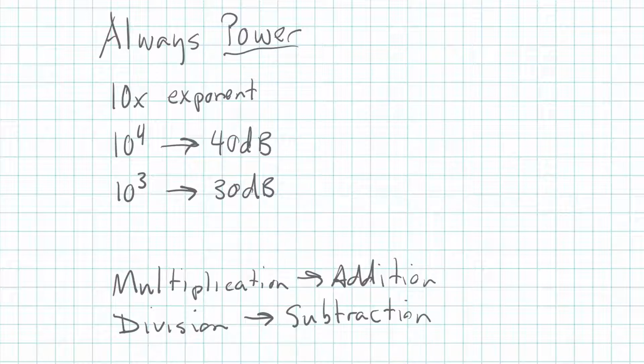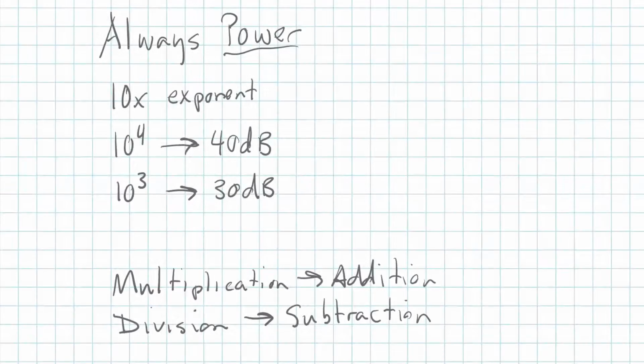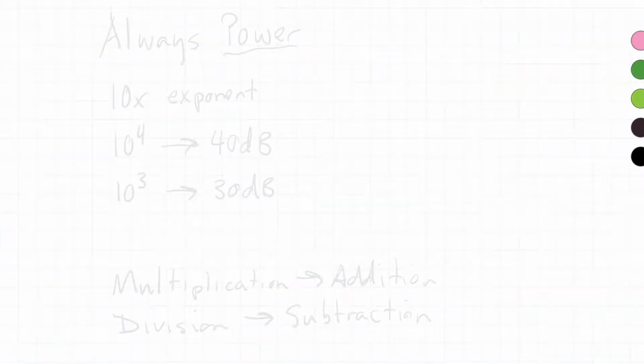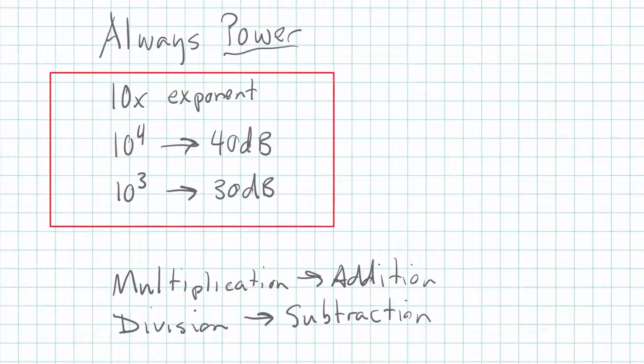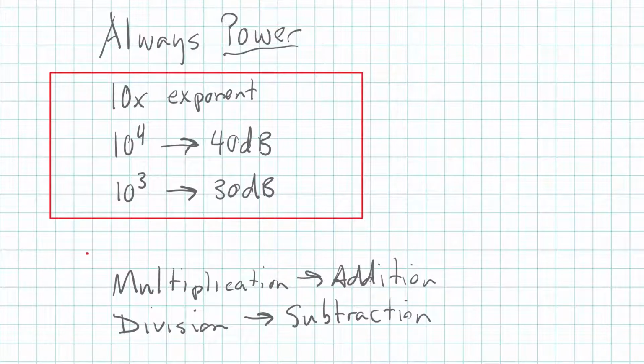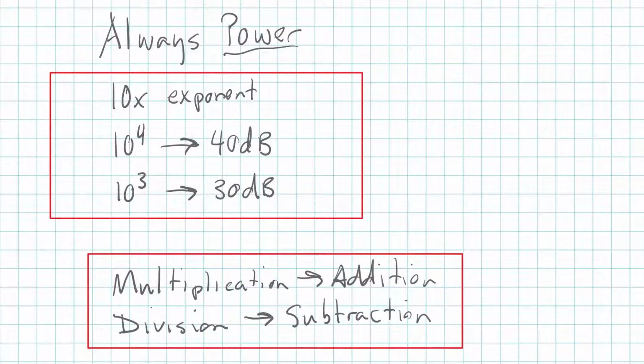So this is great. It's all quite simple so far. You just take these exponents and multiply them by 10, and you've got your dB. So that aspect of this whole thing is quite simple, and of course we find it appealing overall.